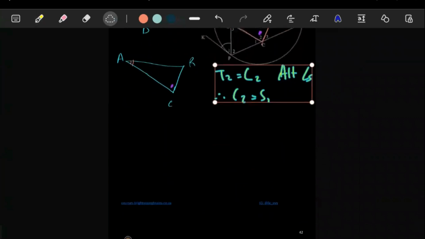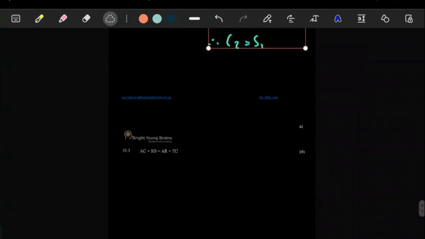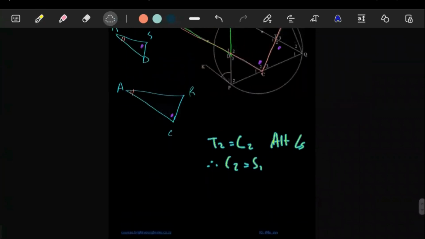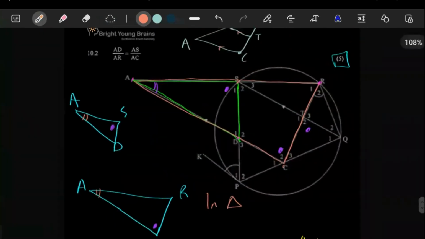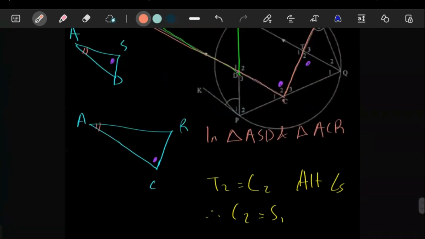But before writing all this, we can firstly state that we're talking about specific triangles. So we can say here, in triangle ASD and ACR, we know that we stated what we stated here.